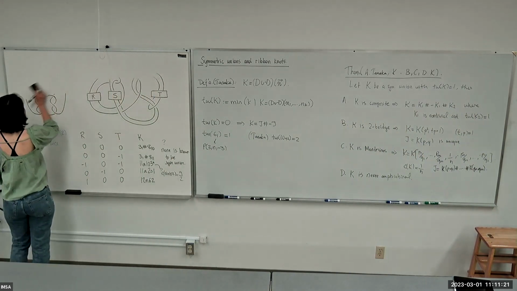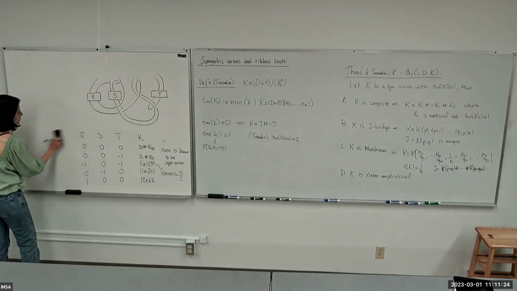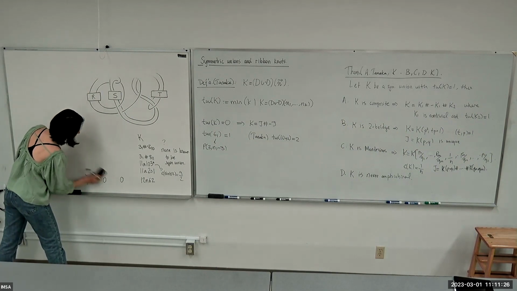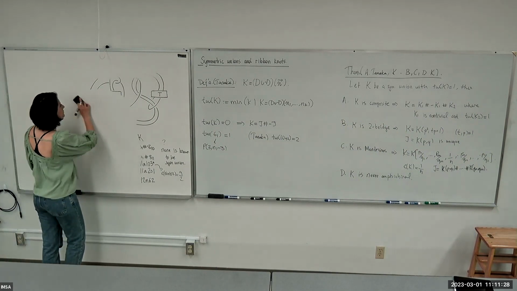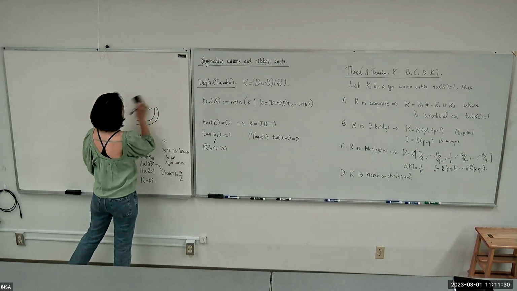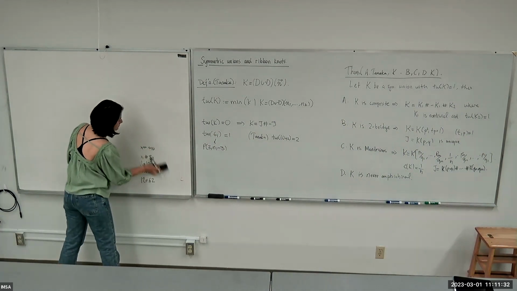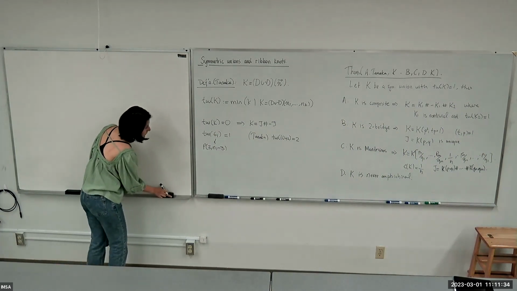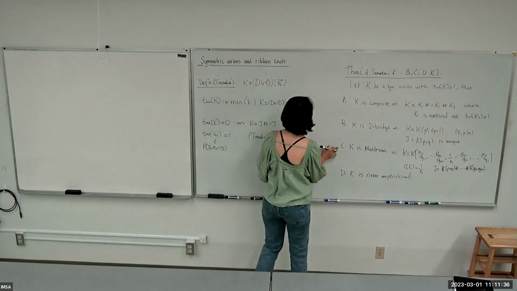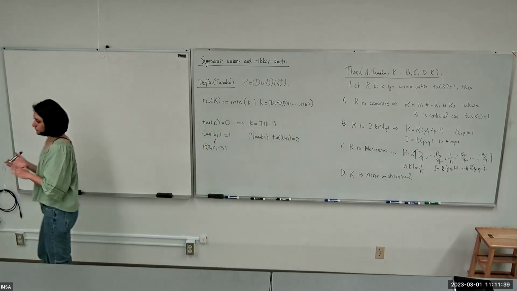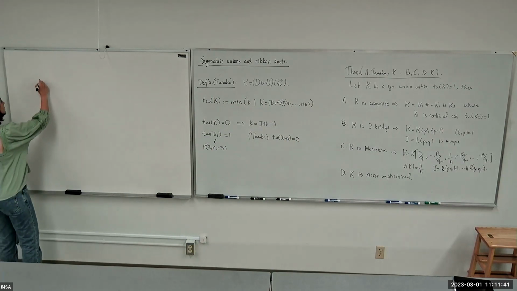Maybe in the remaining time, I can briefly talk about the ideas that go into it. So I will start with B and C because they follow the same line.